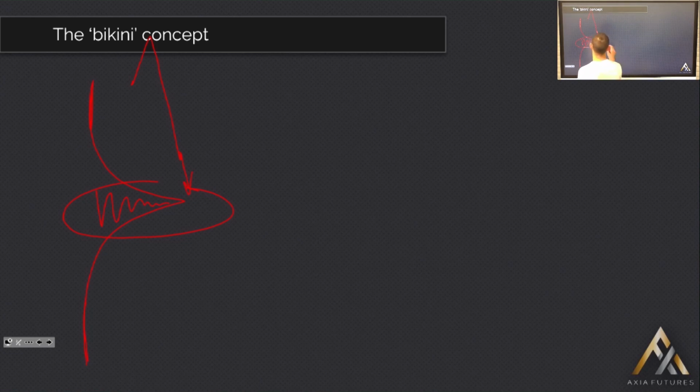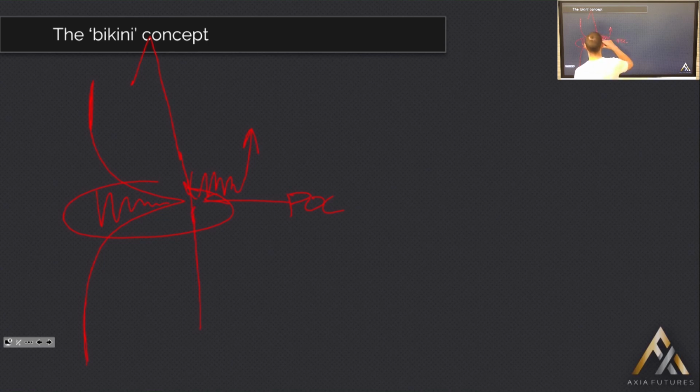Now, this creates another feature, that this POC here acts like an inflection point. So the market gets back here, and either you're going to have a buyer at this point, and the market will base here and maybe auction out the area again, or the market will go through it and push lower.